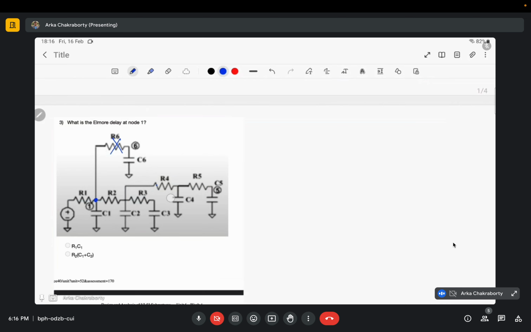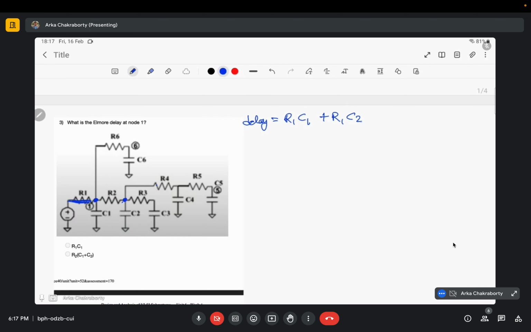Now, as this node has been asked, simply my R1 would come into the picture. So the delay would be R1 C1 plus R1 C2. R2 will not come into the picture, we will just consider this one to be in the same node as this one.